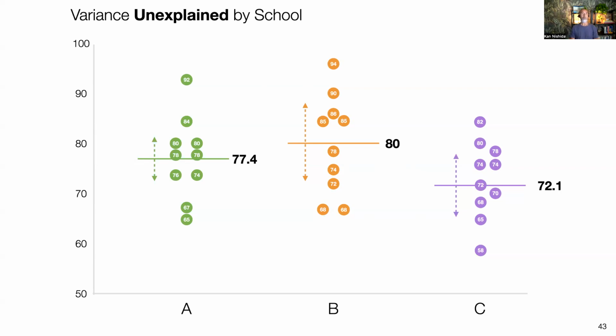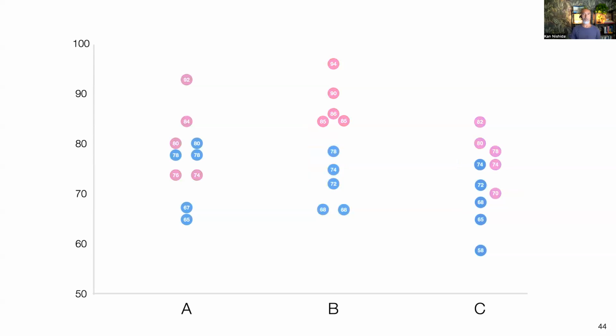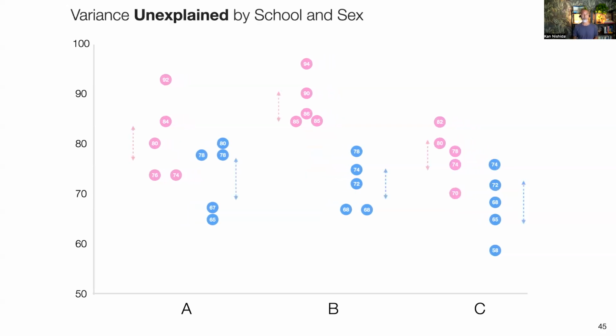Now we brought in another variable called sex and made it a different color, meaning different groups. Then we can visualize the variance within each group. Remember, we now have 6 groups, 3 schools multiplied by 2 sexes. Look at the variance in each group.